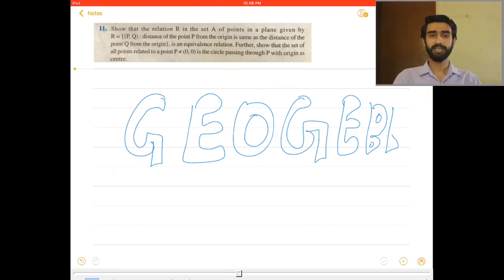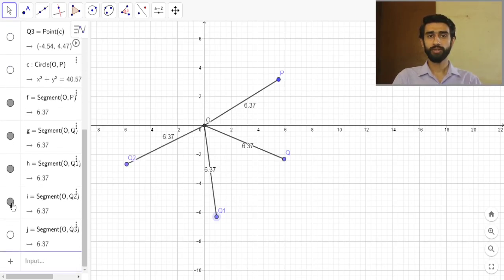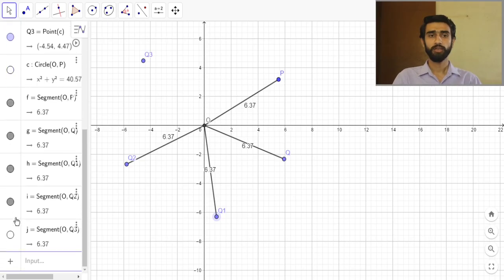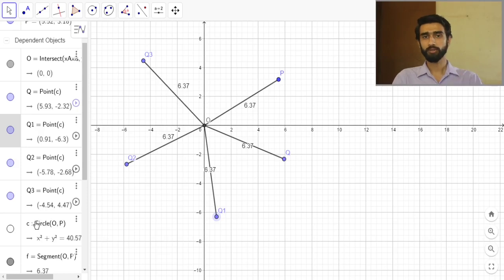Now let's see this again in our GeoGebra. I take some other point Q2 which is also equidistant, 6.37. I take another point Q3 which is also equidistant, and if I take many other points and you join all the points, what will you get?